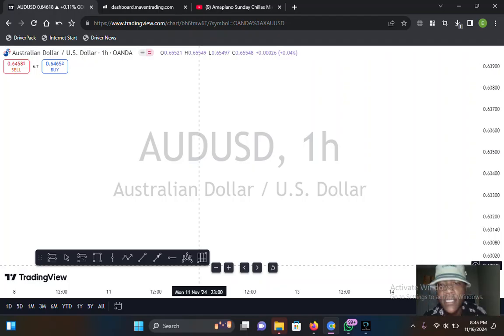So guys, welcome back to our Unlocking Profit part 3. Today we are going to talk about, I can say, the most important concepts, which are 3 concepts: equilibrium, break of structure, and imbalances.